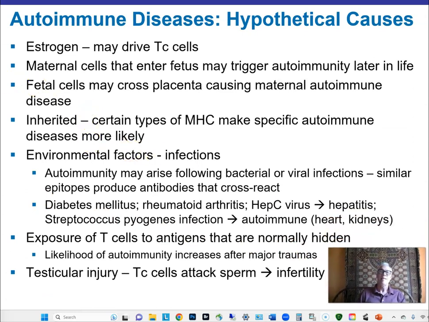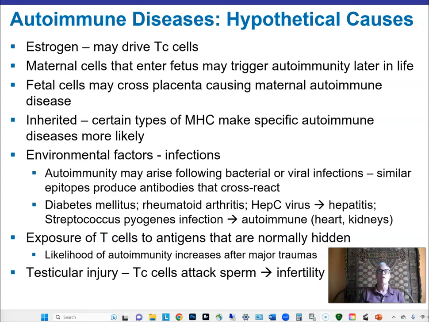What are some ideas scientists have about how people wind up getting autoimmune diseases? One thing that has been identified or correlated is hormones with various types of tumors. It's clear that certain tumors are driven by hormones. So that's one clue about estrogen maybe driving cytotoxic T cells.